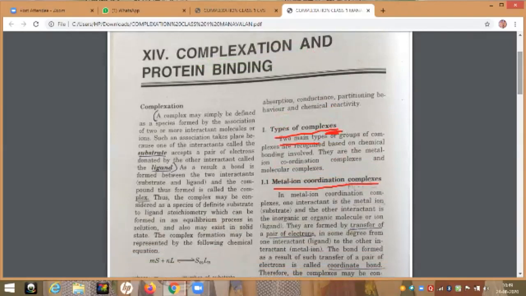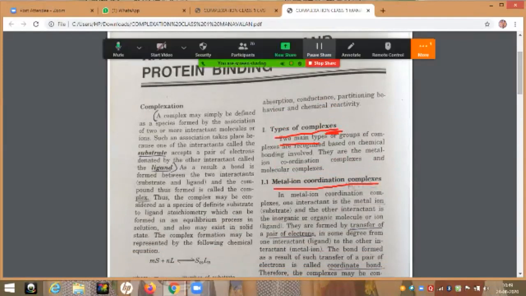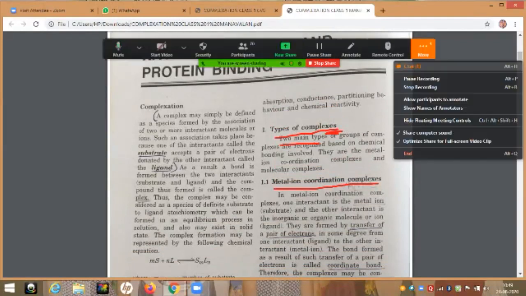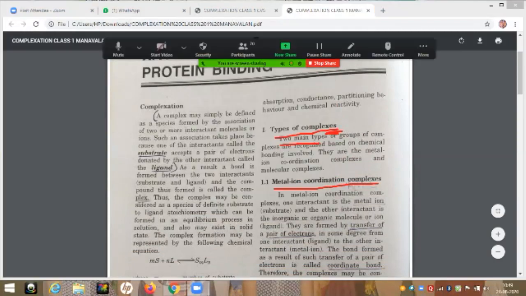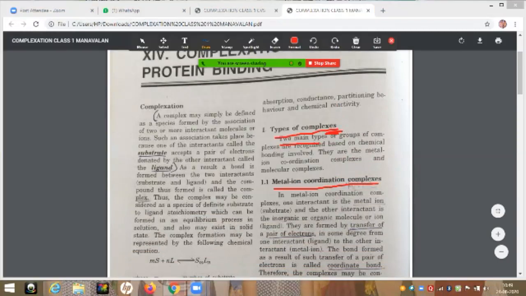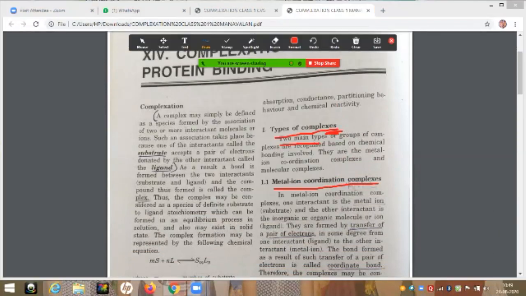Now, in brief, what the metal-ion coordination complexes consist of, or why they have this name. In the metal-ion coordination complexes, one interactant is always a metal ion.